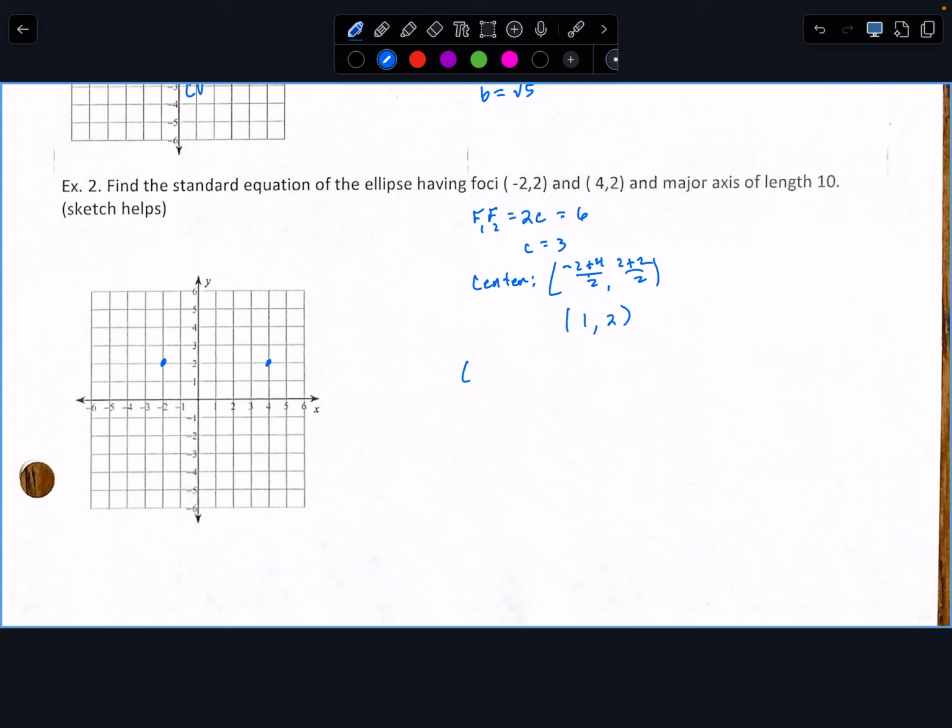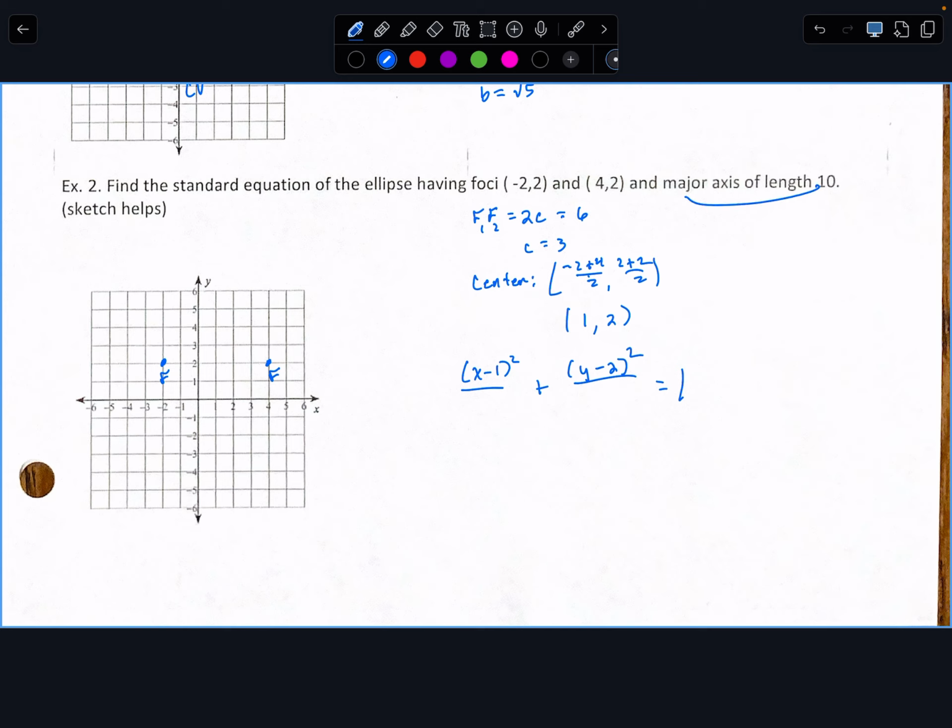And since it's an ellipse, I already know for the standard form I'm going to have x minus 1 squared plus y minus 2 squared over values equal to 1. The foci are always on the major axis, so I'm going to have my a squared, my larger squared value, underneath x.